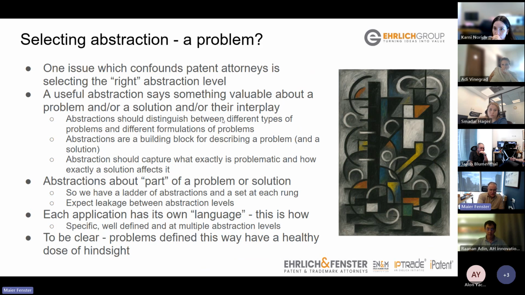Another issue that us patent attorneys deal with all the time is abstraction. We have to decide what abstractions we're going to talk about in the patent application. And I'm suggesting that a useful abstraction for a patent attorney, forget about a lot of other issues, is an abstraction that says something valuable about a problem, about a solution, or about the interplay.